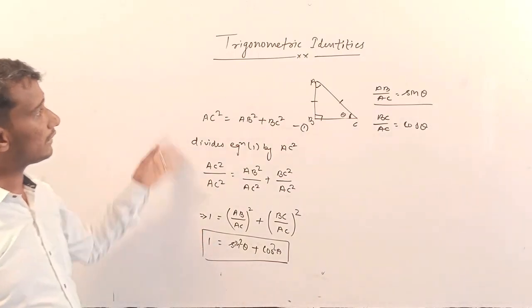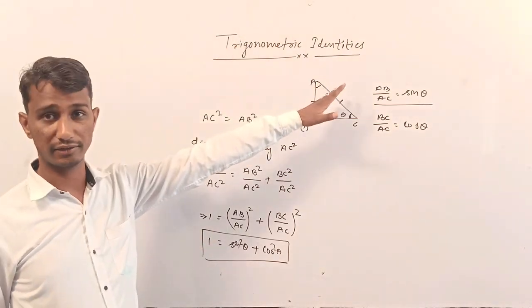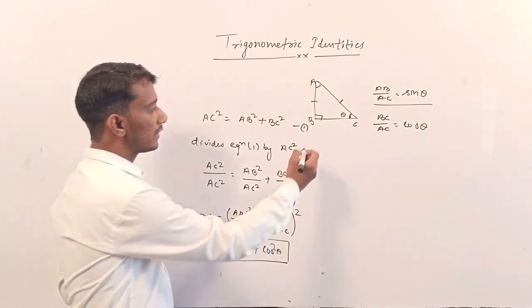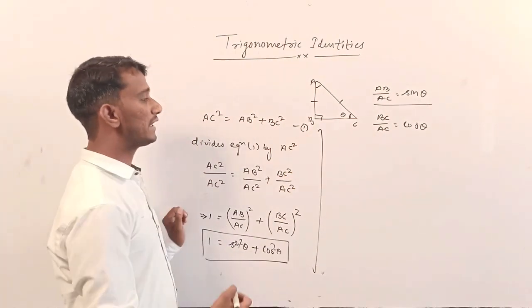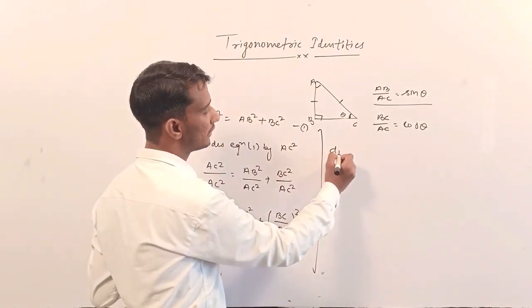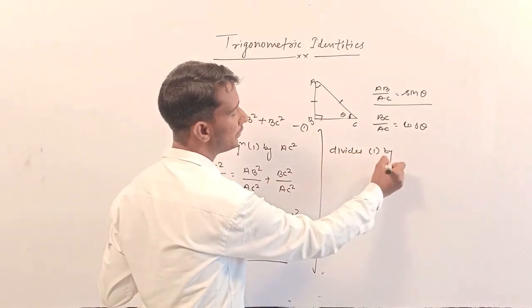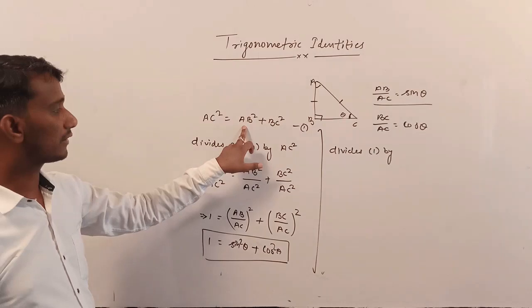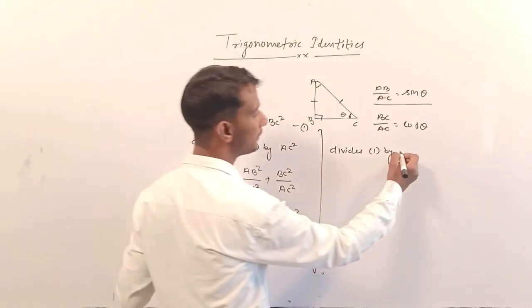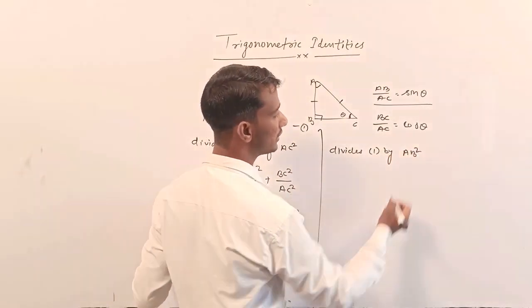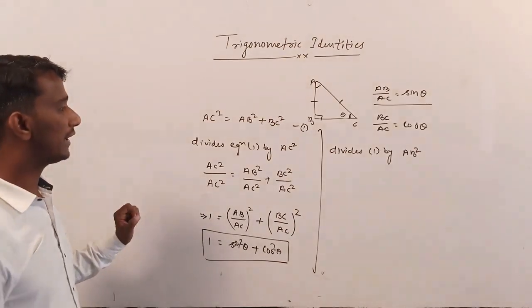In this way you can derive all the remaining identities, one by one. For the next identity, we divide the equation first by any one side. You can divide by AB square on both sides. So what do we get?